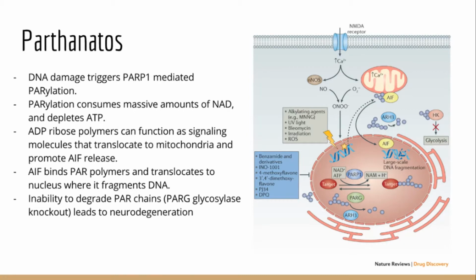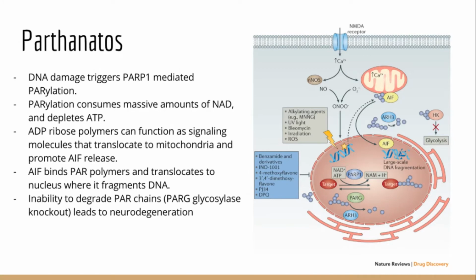Parthanatos is an interesting, new mechanism of cell death that earned its name because it functions without many of the typical characteristics and typical players of apoptosis. So Parthanatos, for example, is caspase independent and does not result in the formation of the apoptotic bodies or the conventional membrane blebbing that is seen in apoptosis.